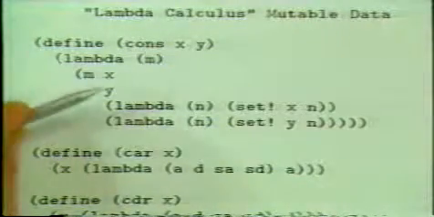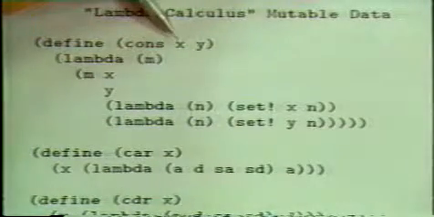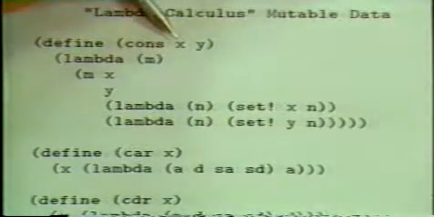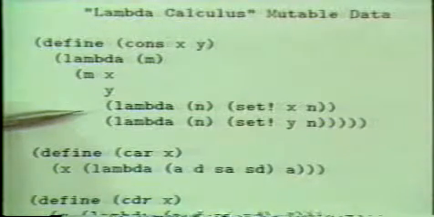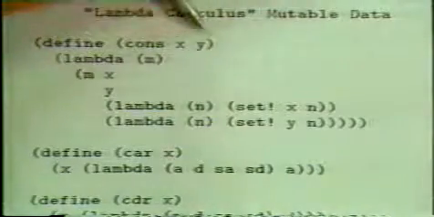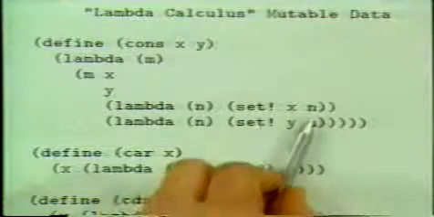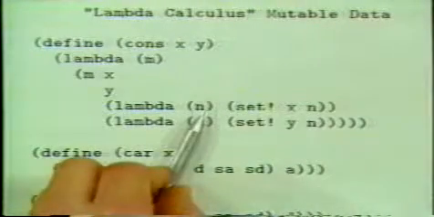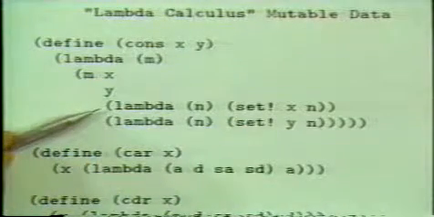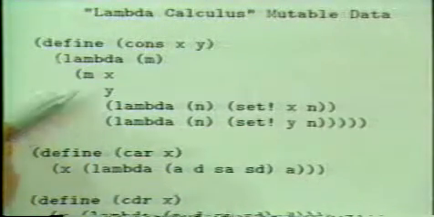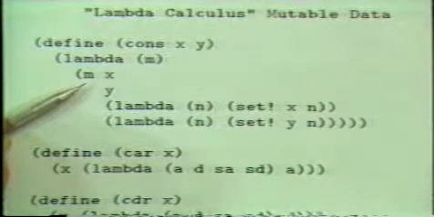That means that as free variables in this lambda expression, there are in the frame which is the parent frame of the procedure resulting from this lambda expression, x and y have places, and it is possible to set them. I set them to an n which is the argument of the permission. The permission is a procedure which is passed to m, which is the argument that the cons object gets passed.